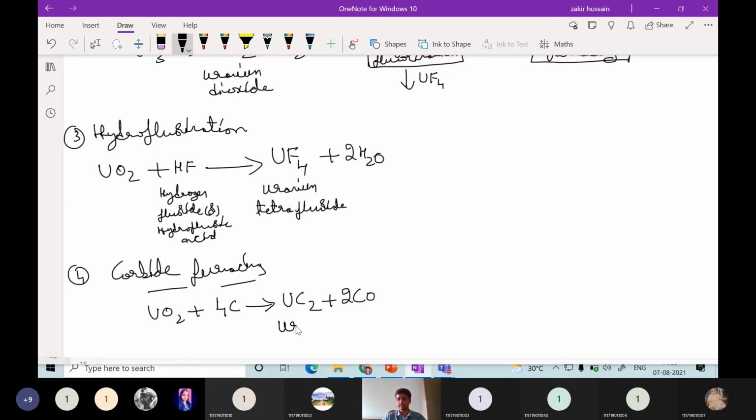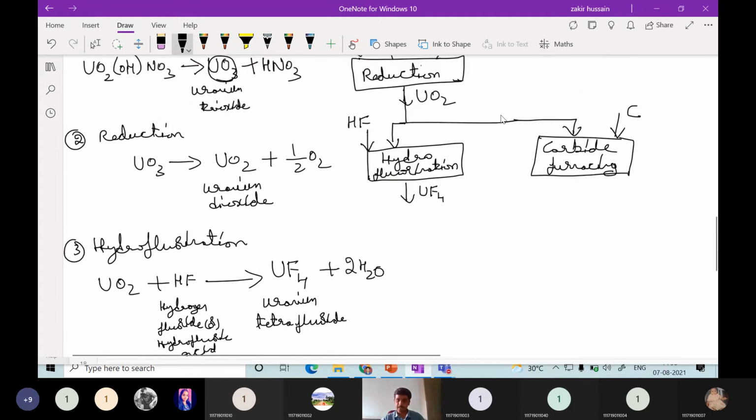So this UC2 is nothing but uranium carbide, and the carbon monoxide is liberated as an off gas.